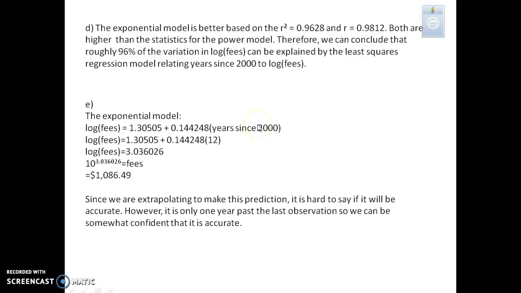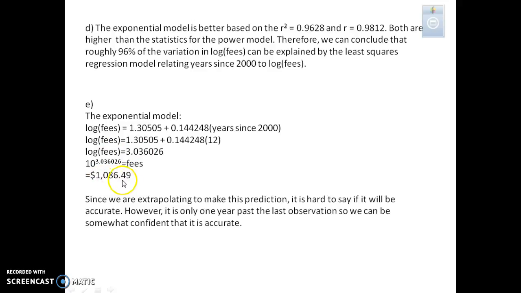If I'm making a prediction for 2012, I will use 12 as my X. I input it into the model, and the log of fees is going to be 3.036026. The reason I chose this is to remind you that the common log has an understood base of 10. So 10 to this power will equal your fees.